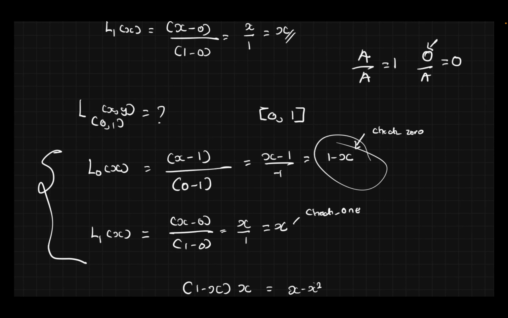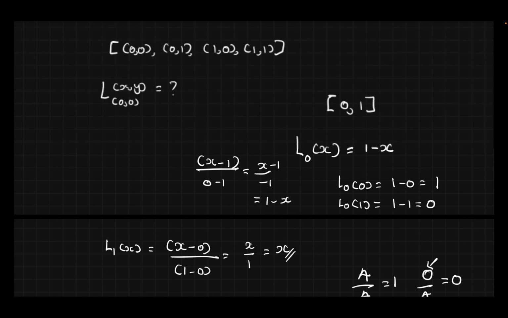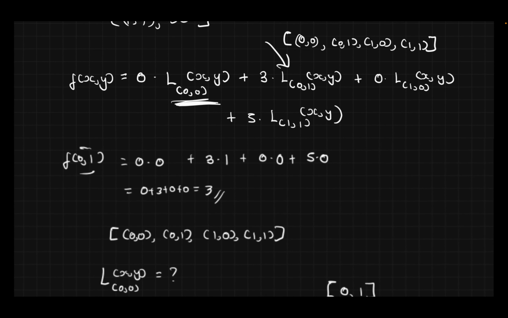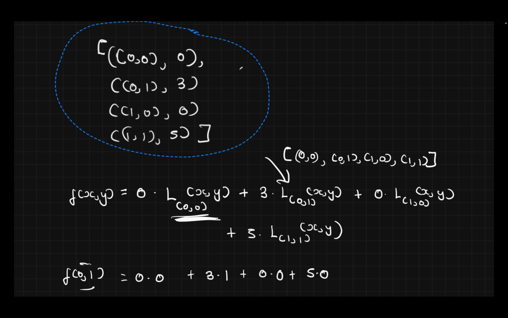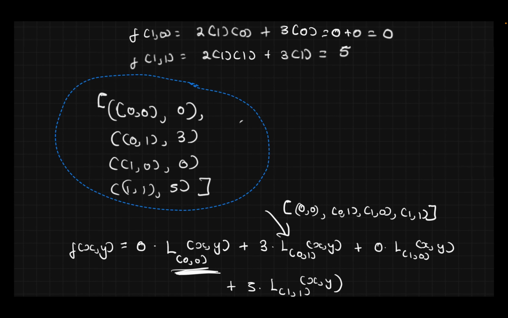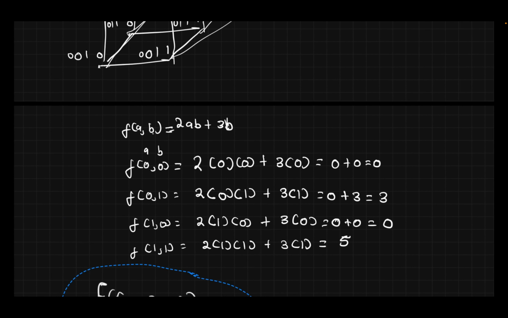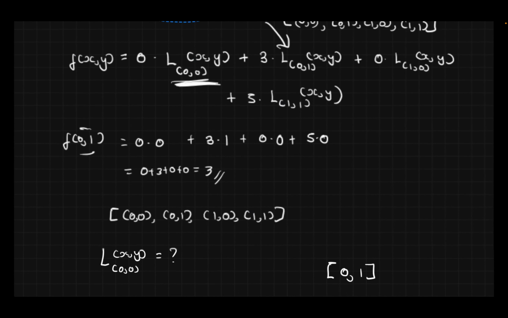Okay. So let's do one example with the full Lagrange interpolation. Okay? Maybe that will make some sense again. So those are the points we want to use. The goal is to get back 2ab plus 3b. If we don't get it back, then we have messed up somewhere.